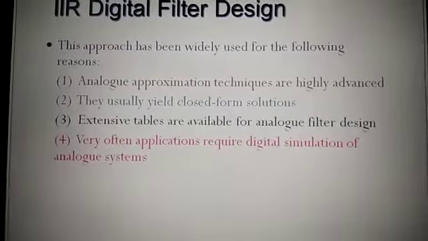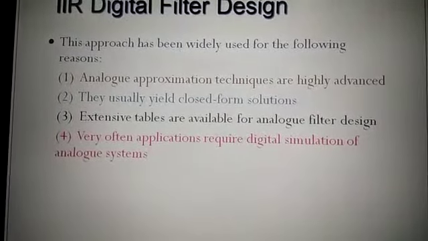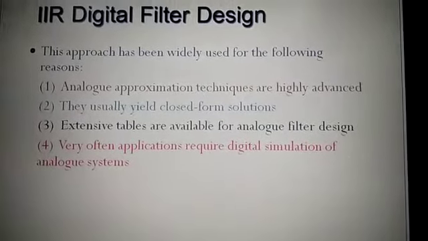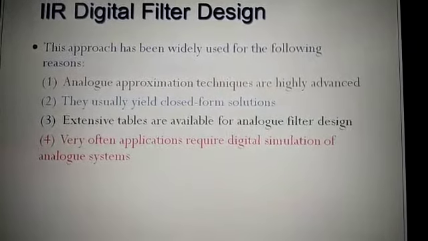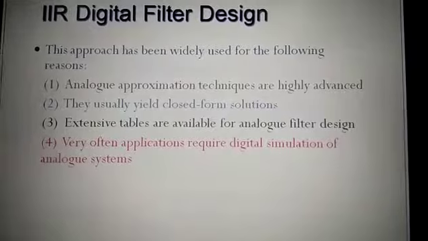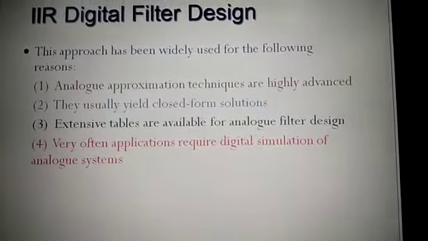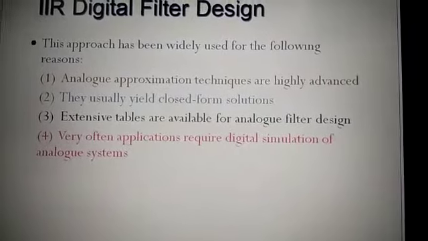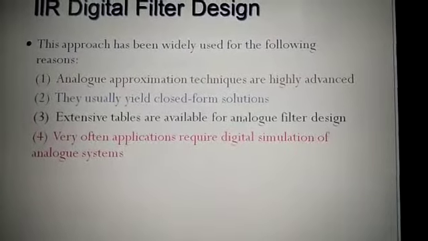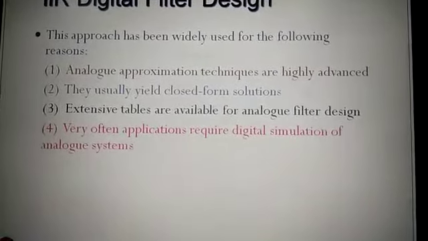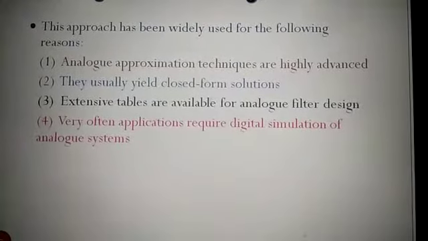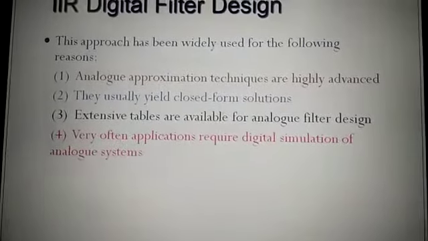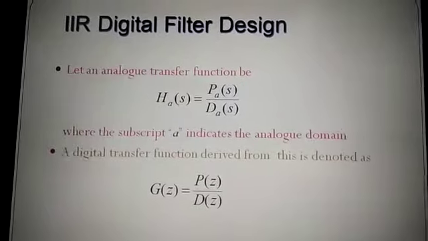The approach has been widely used for the following reasons. Analog approximation techniques are highly advanced. They usually yield closed form solutions, and extensive tables are available for conversion of analog filter to digital filter with respect to design. Very often, applications require digital simulation of analog systems.